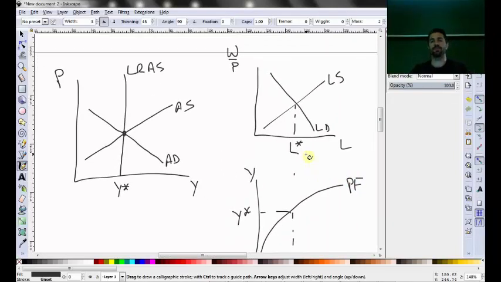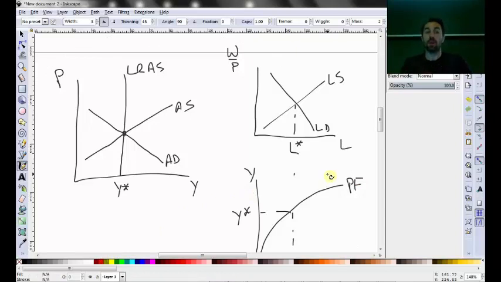Righty-ho. Now when we plot this diagram, the reason that we have a short run effect here, which is a movement away from the long run, is because we're changing the way we think about economics, and we're going to move from classical economic thinking to Keynesian economic thinking.